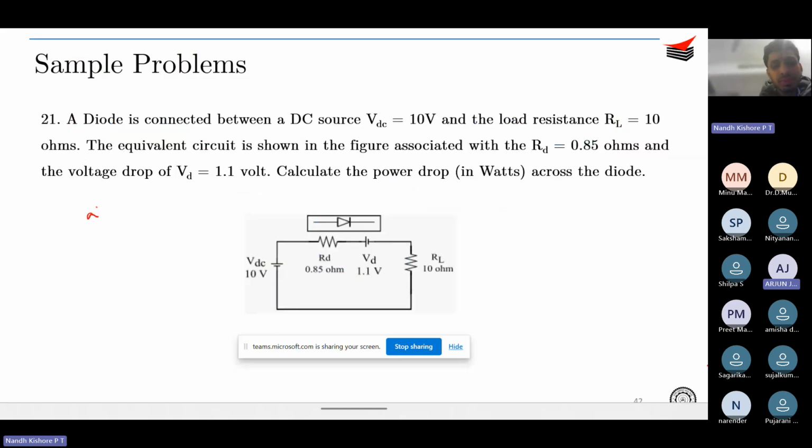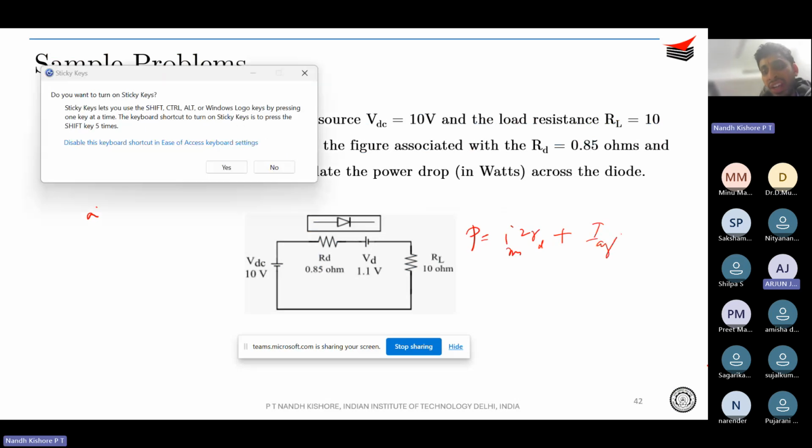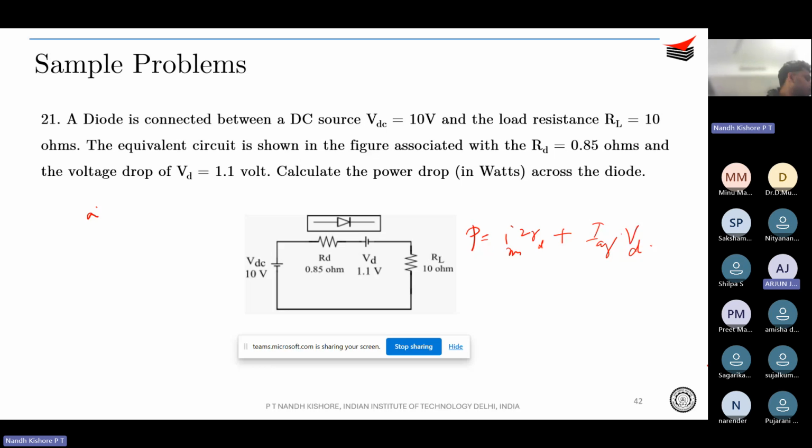So P is IRMS square RD plus I average into VD.